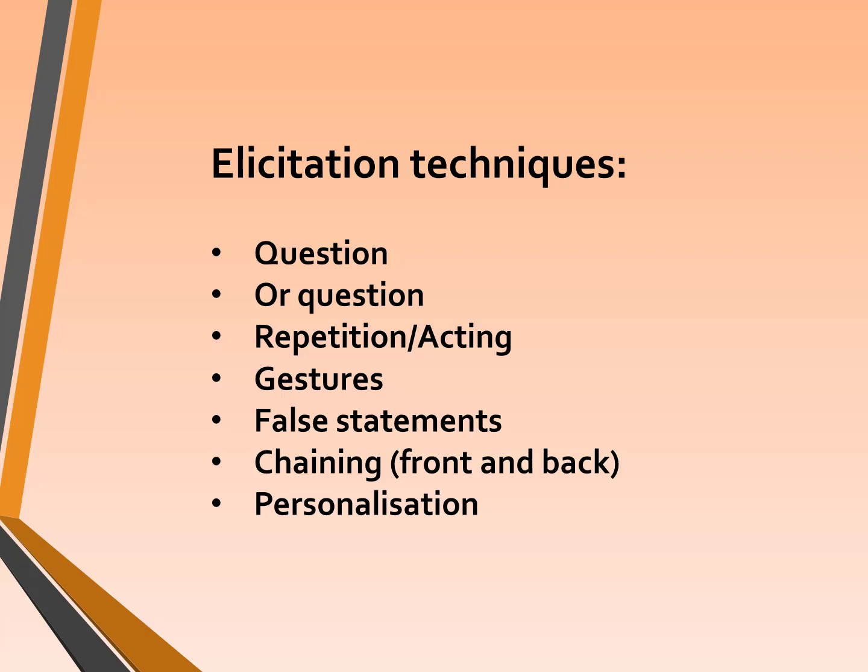It is the manipulation of interaction through questions, repetition, gestures, false statements, chaining, and personalization. That is, the ways in which teachers manipulate, are in control of the interaction, and generate processes of negotiation of meaning by which students produce the language that we expect them to produce.